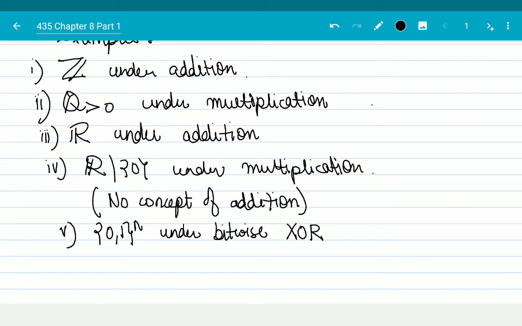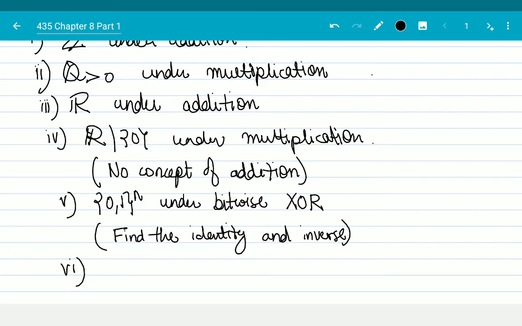Okay? Where the identity is going to be what? I will leave you to figure out what the identity and inverse is. Find the identity and inverse. Okay?